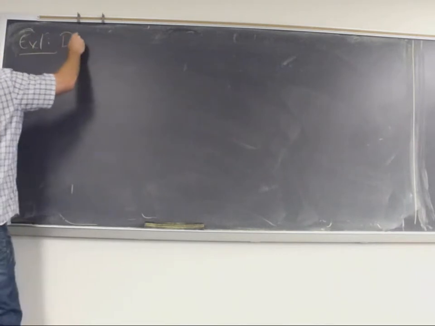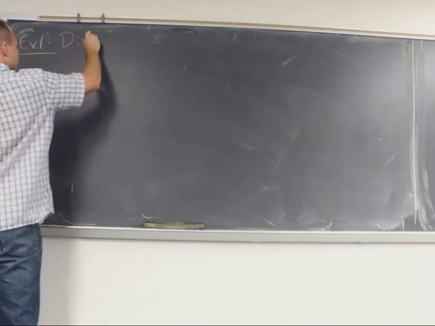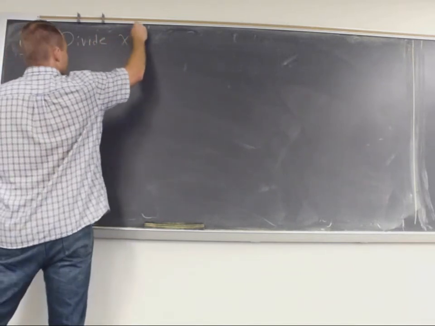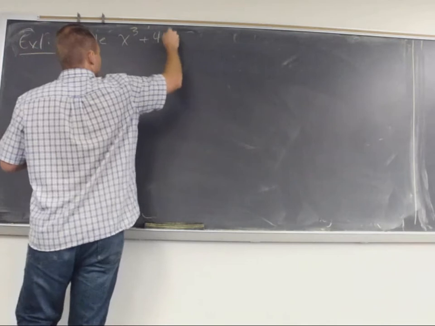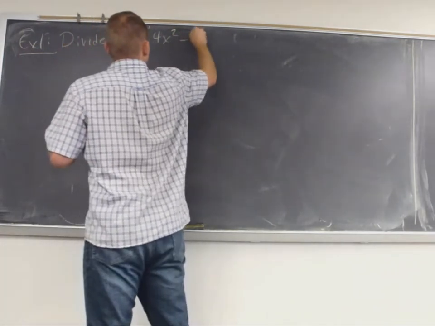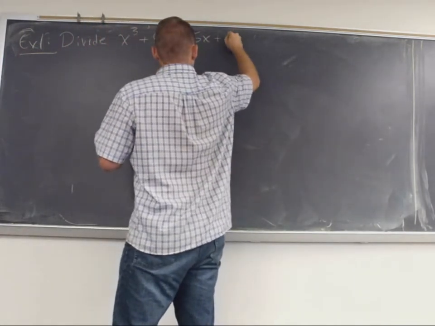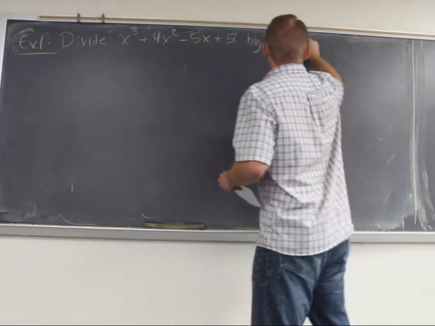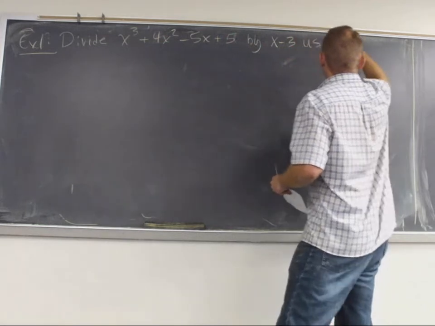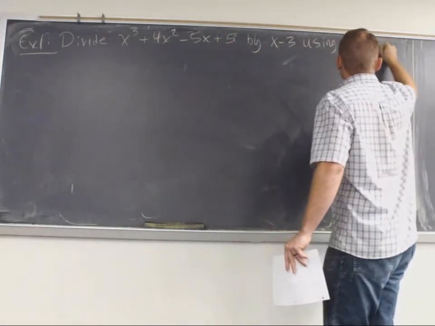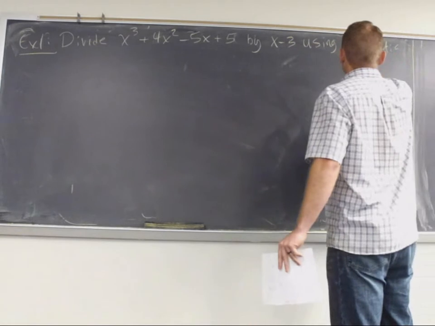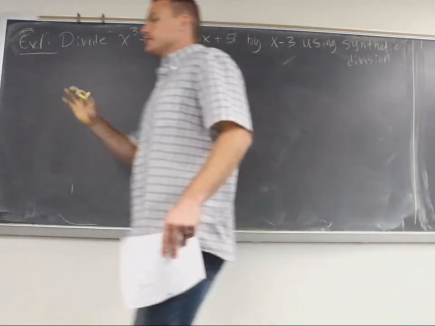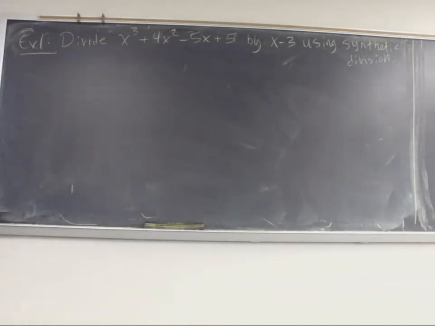You'll see it: divide x cubed plus 4x squared minus 5x plus 5 by x minus 3 using synthetic division. All right, I'll get into what all this is doing and what it's saying.